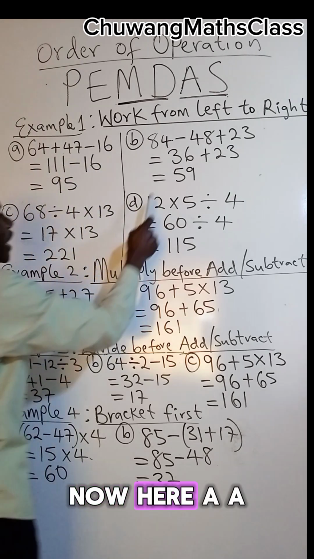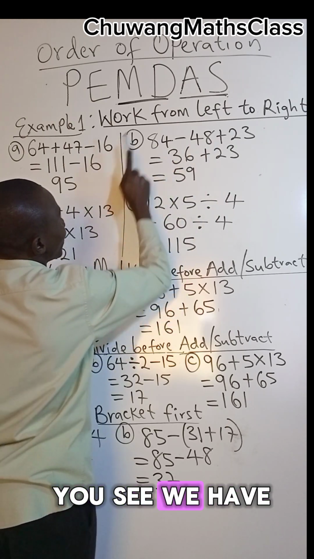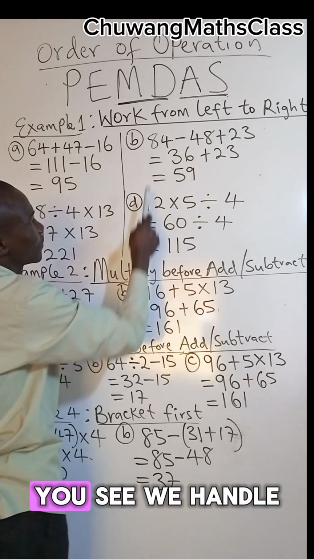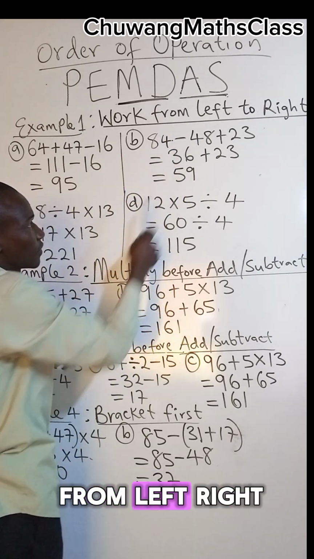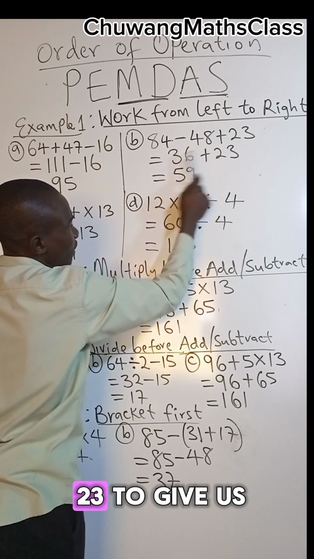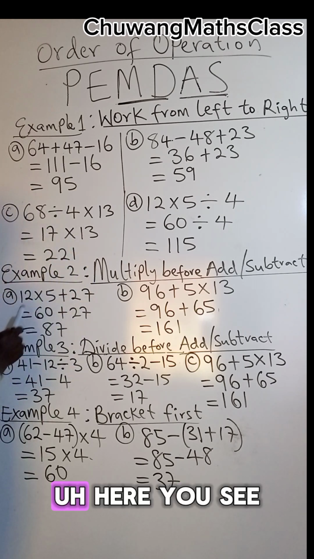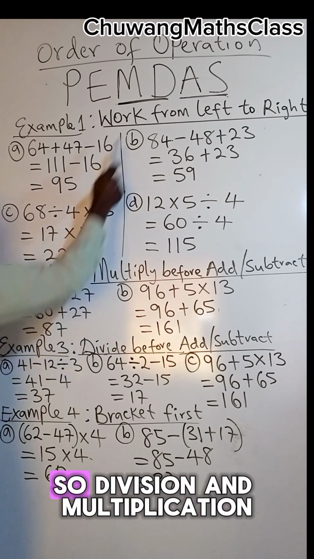Now here, the B part, we have addition and subtraction. But which one do we do first? We handle subtraction because it comes from the left, which gave us 36 before we now added 23 to give us 53. Here now we are having division and multiplication.